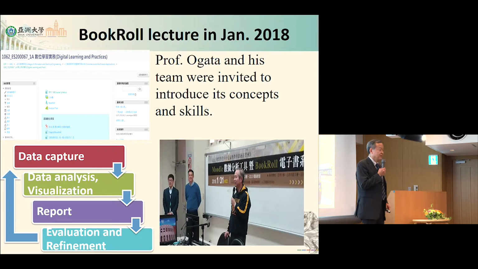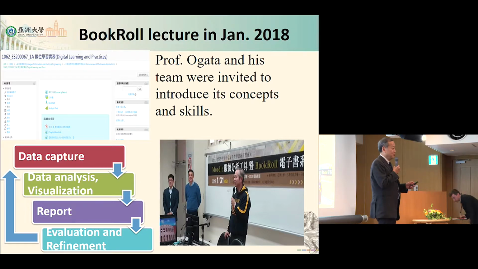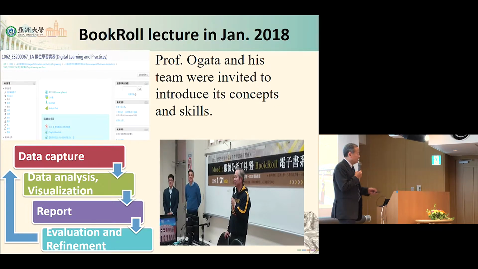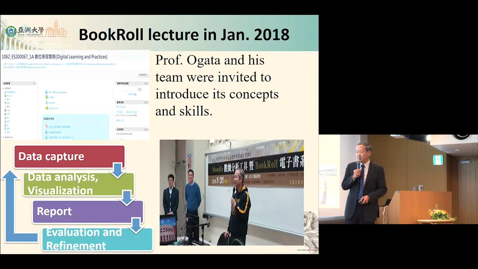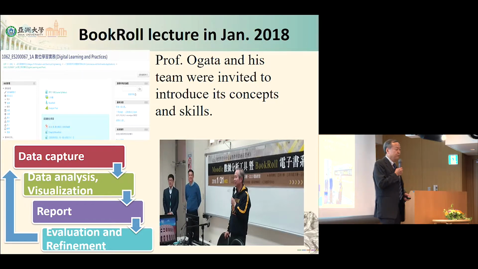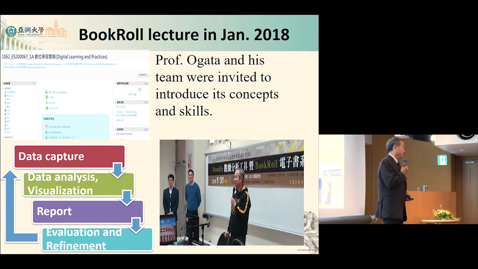One year ago, we invited Professor Ogata and his team to Asia University. Professor Ogata introduced the BookRoll system. As you can see in this figure, basically the BookRoll system consists of four steps. The first step is data capture under the platform of BookRoll and Moodle.